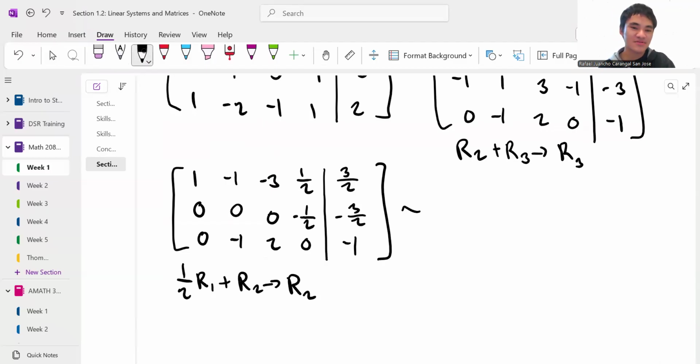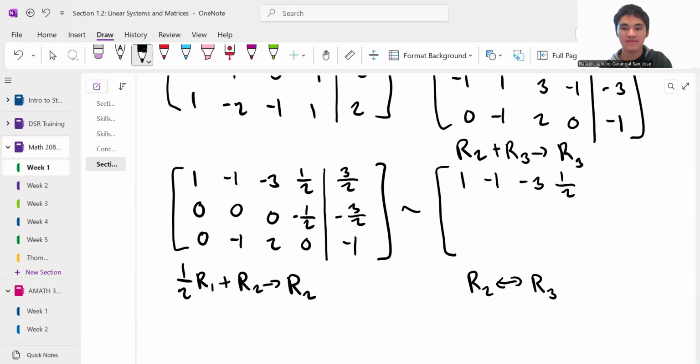Do we have it in echelon form? Not yet. So now I'm thinking, well, we made all of these zeros, which is funny. I could just switch row 2 and 3 and be over with it, you know? So row 2, switch it to row 3. 1, -1, -3, a half, 3 halves.